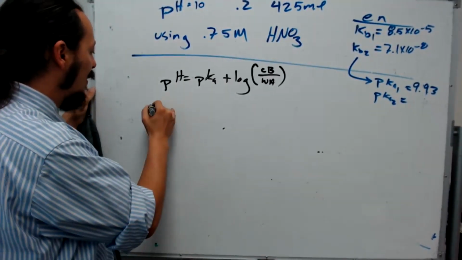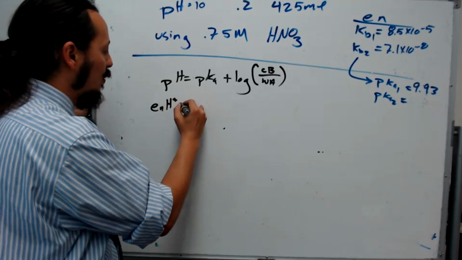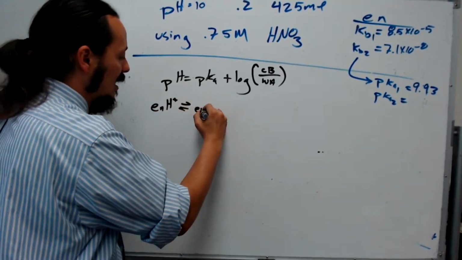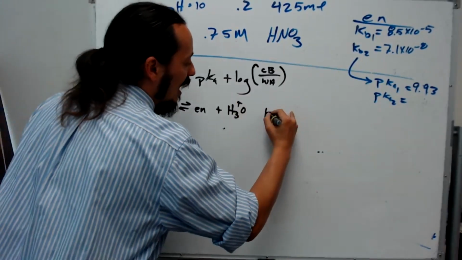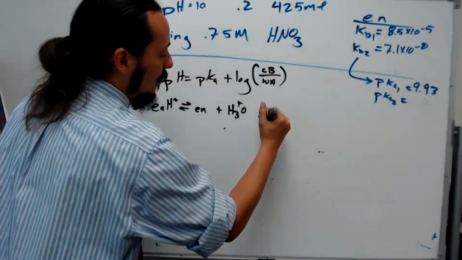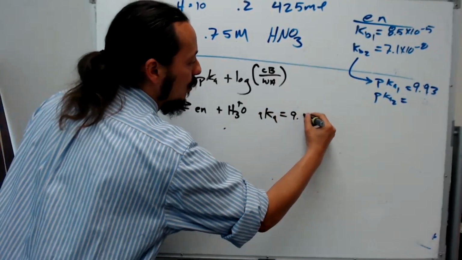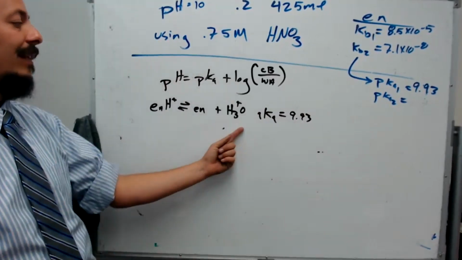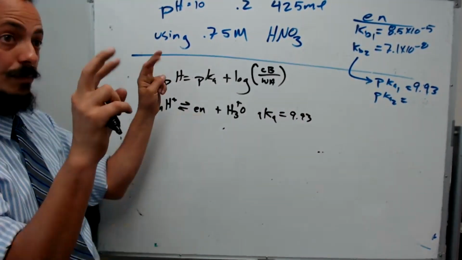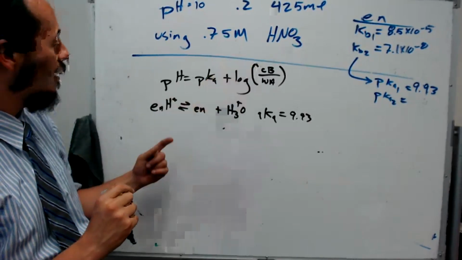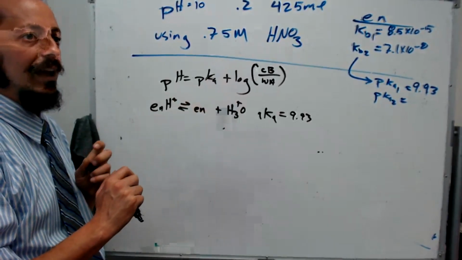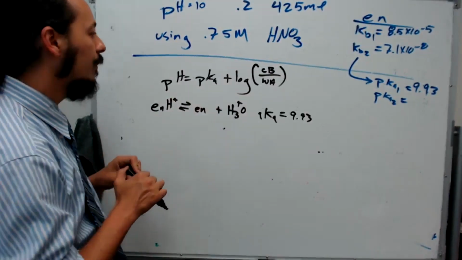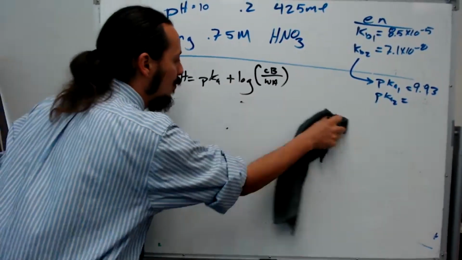I can think about this as EnH plus going to En plus H3O plus with a pKa of 9.93, right? And so I'm going to think about it like this. My conjugate base is going to be the ethylene diamine. My weak acid is going to be the protonated form of the ethylene diamine. We're looking at the midterm. So we go ahead, we plug this in.